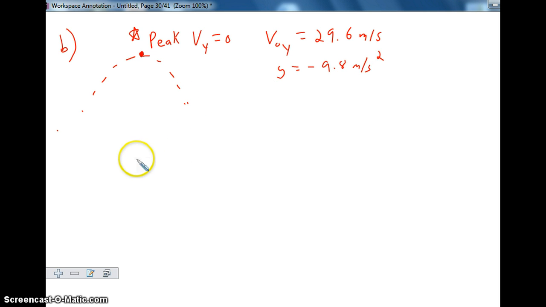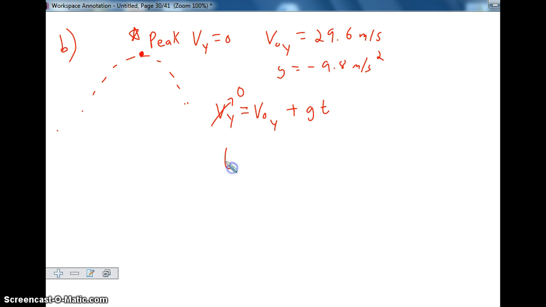And this time we can't use t equals 2 seconds because we're being asked for the time at this peak. So if we look over our knowns, it's actually the first equation in our list of kinematic equations, which would be Vy equals V initial y plus g times t. This equation knows that if I plug in 0 right here, that only occurs in this trajectory at its peak.